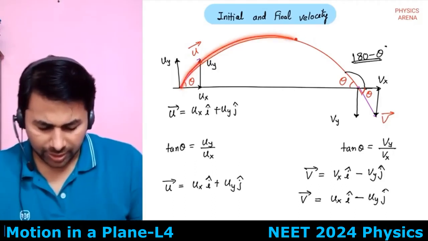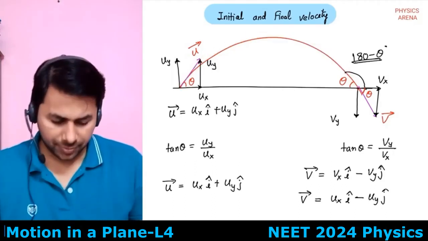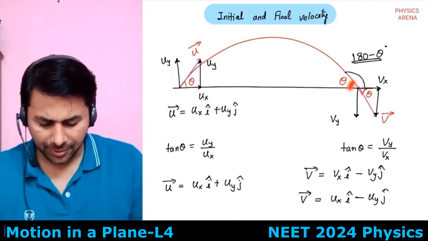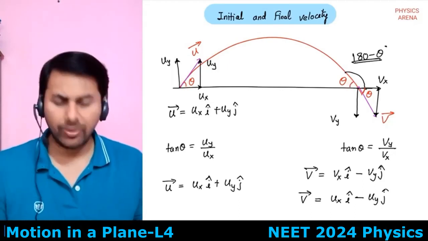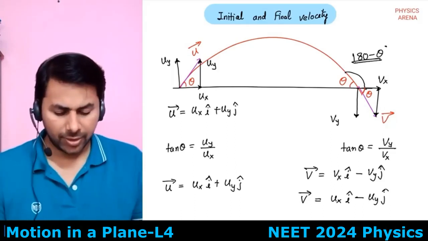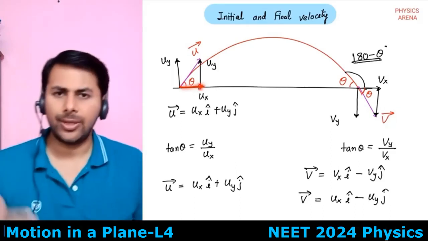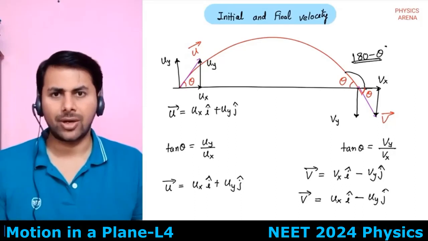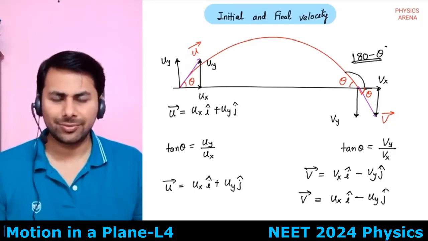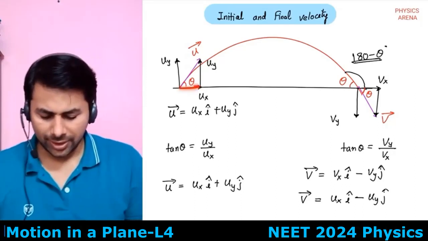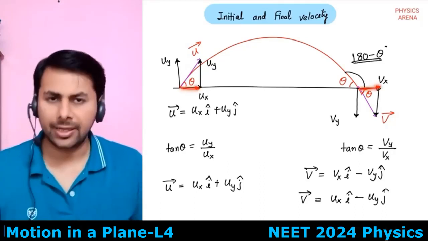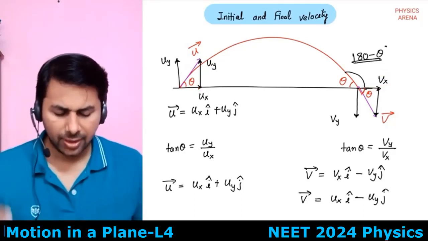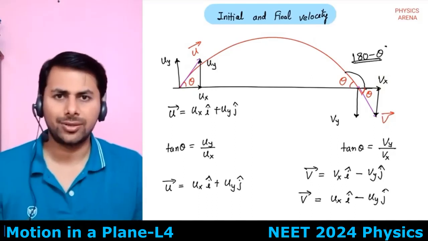Now, when this projectile hits the ground, you can see this angle and this angle will be equal. Why will it be equal? Because the horizontal component of velocity remains constant throughout, it does not change. So ux and vx are the same, vx is equal to ux. What about the vertical component?